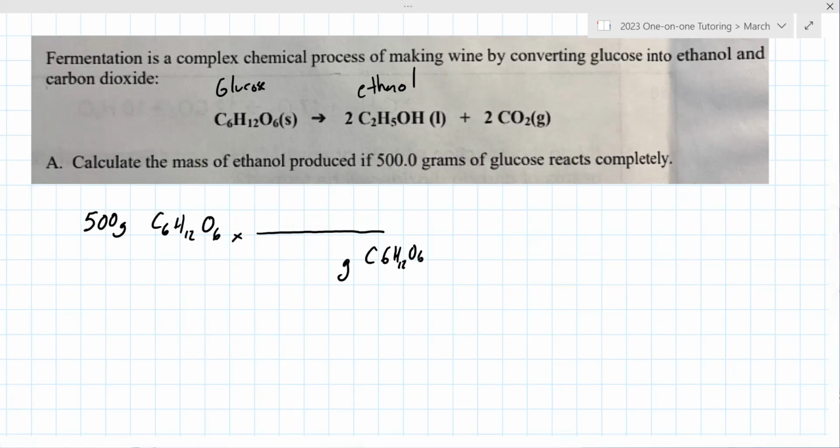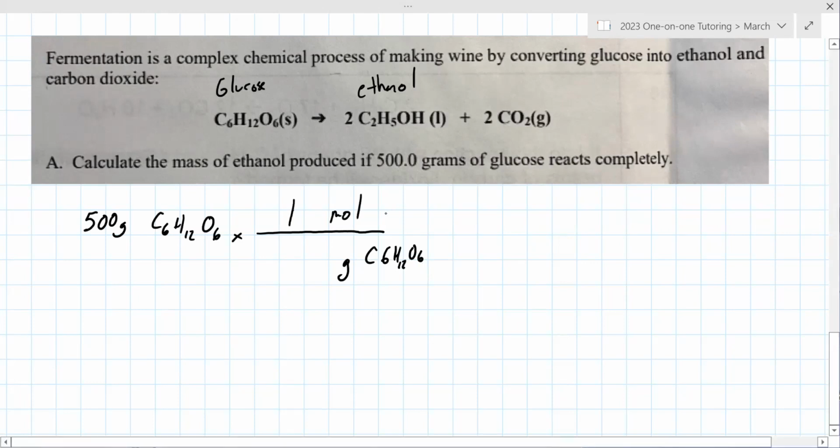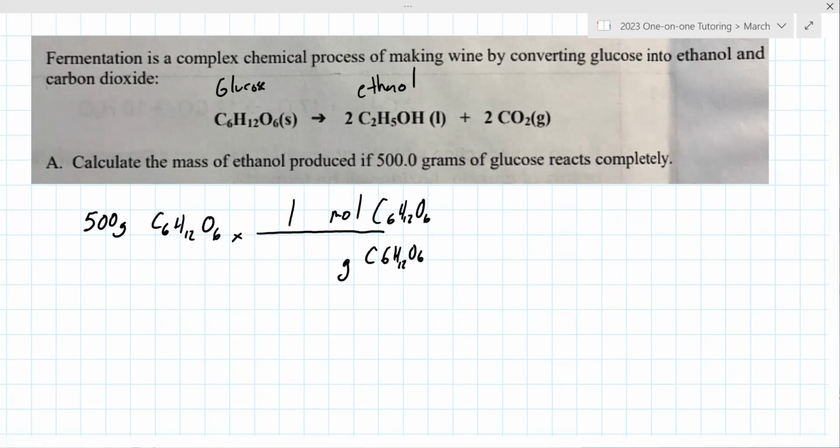And then on the top you've got to find the molar mass. It's 1 mole of this. You've got to figure out how many grams that is. That's always going to be 1 mole right there.